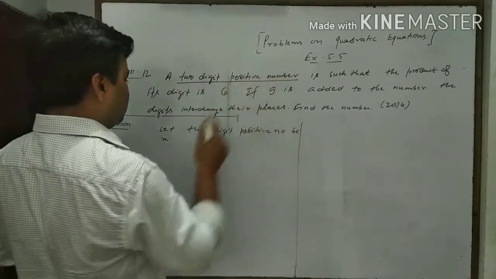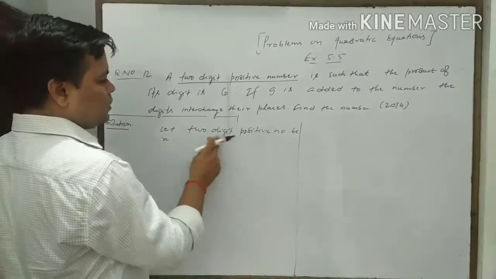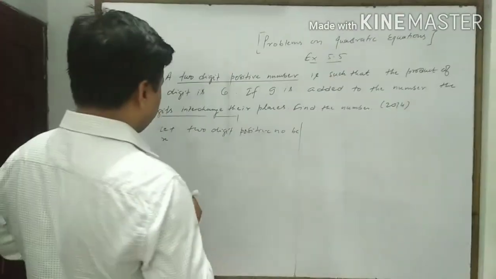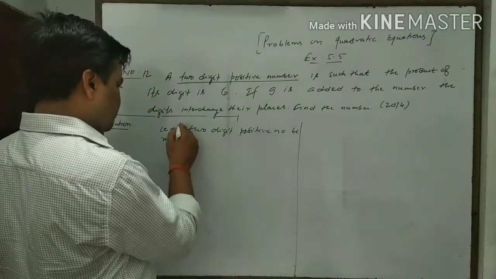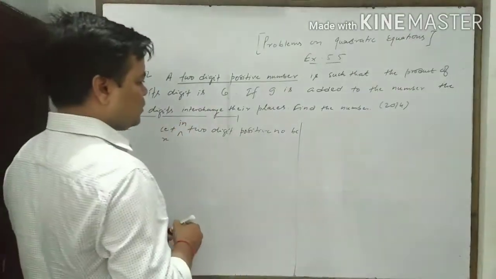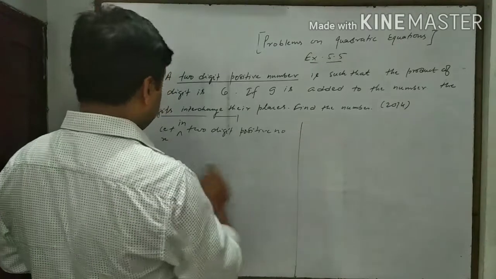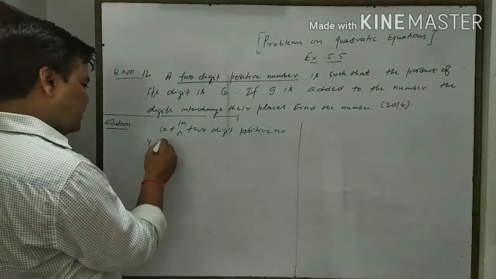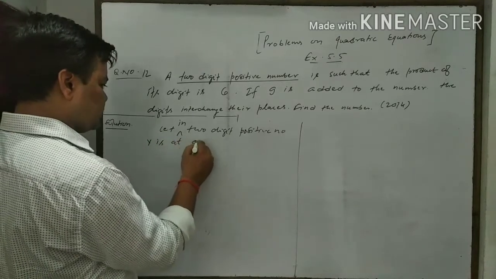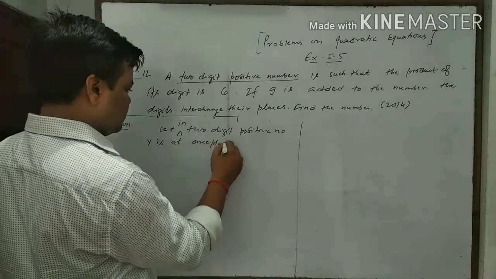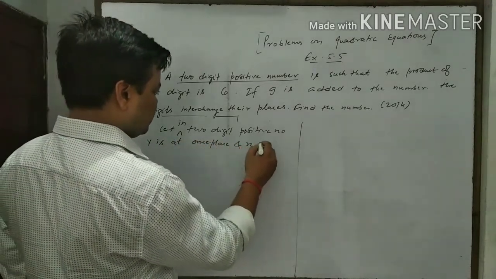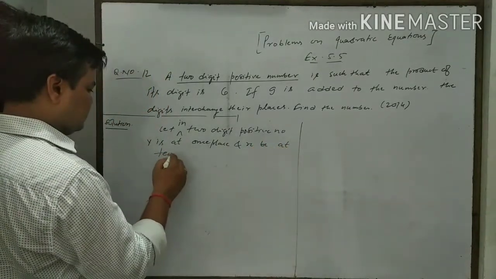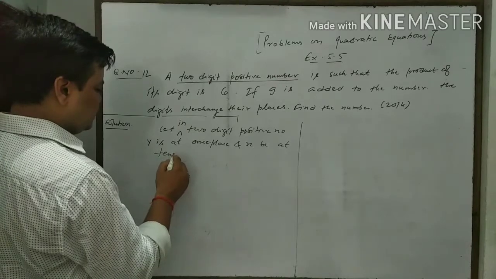Let in a 2-digit positive number, y be at ones place and x be at tens place.